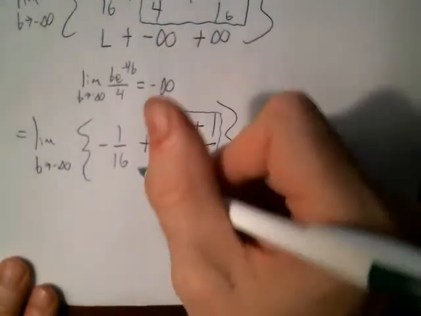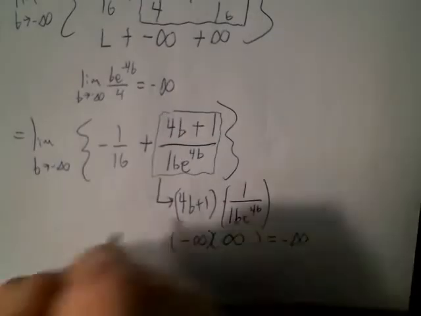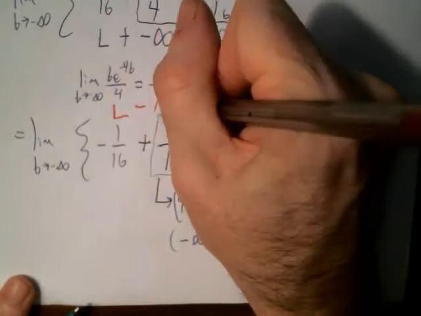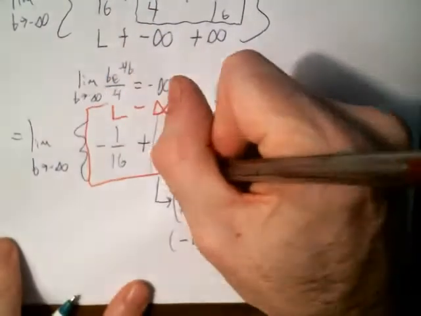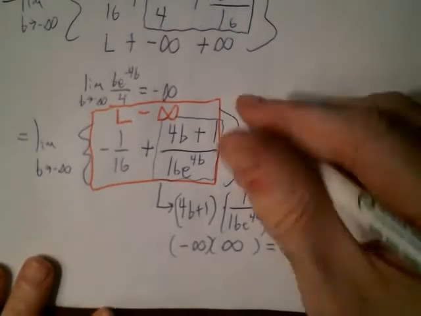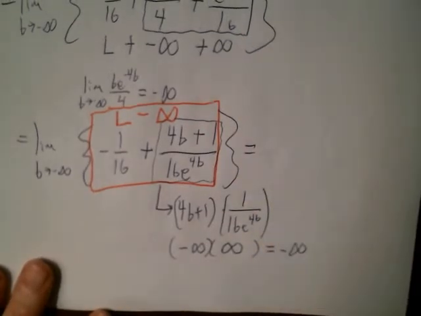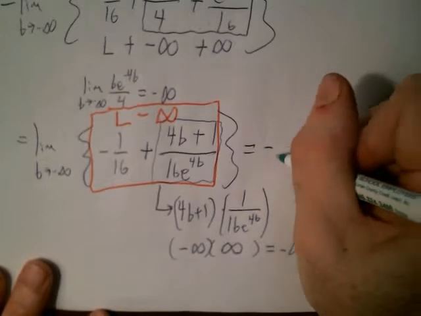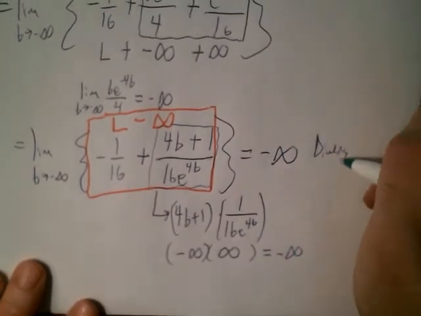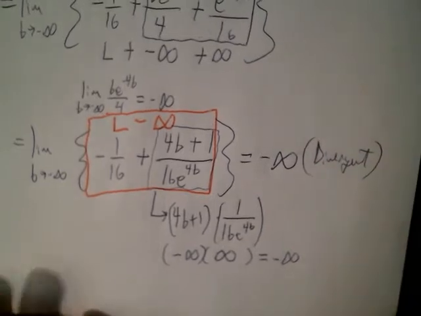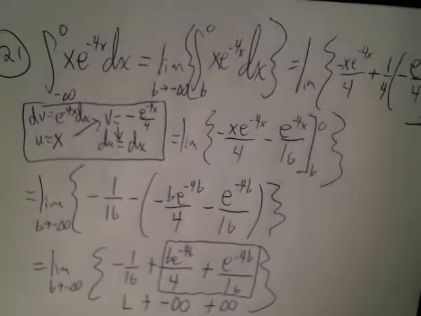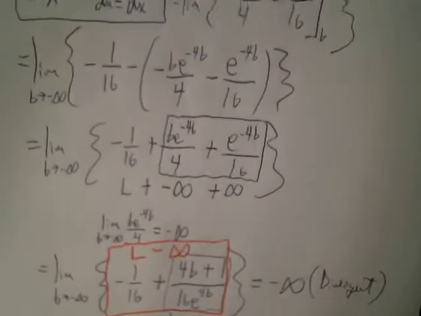So ultimately, the form here is L minus infinity. At the end of the day, it'll just be minus infinity. In other words, it's divergent. So more of the story, these things can be very taxing when they start throwing in every little thing you've learned along the way.